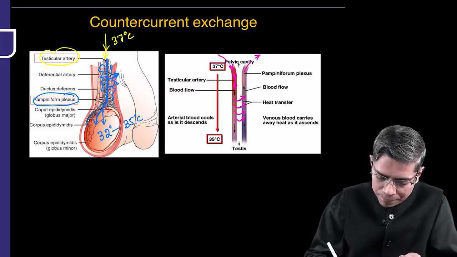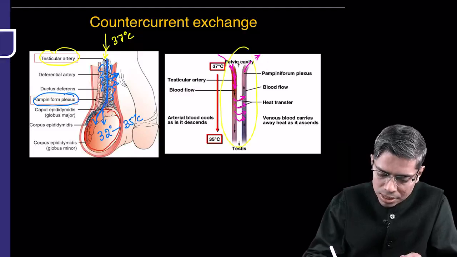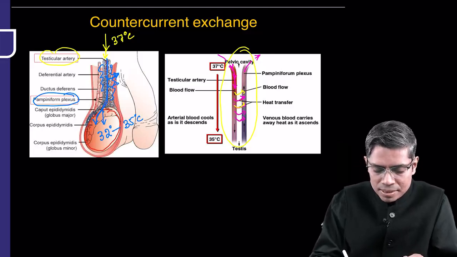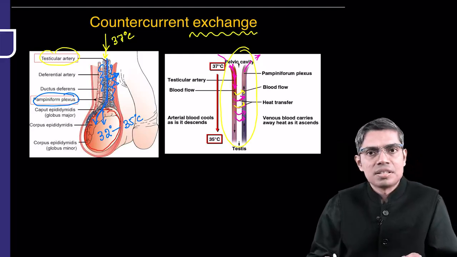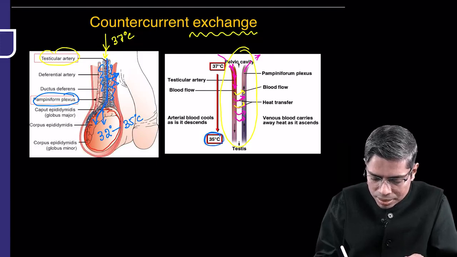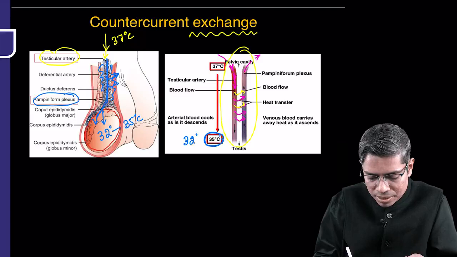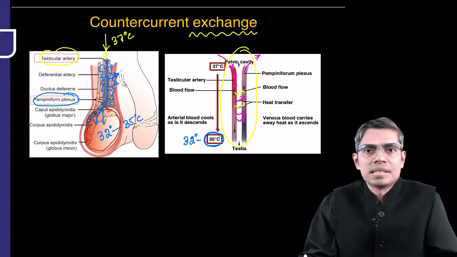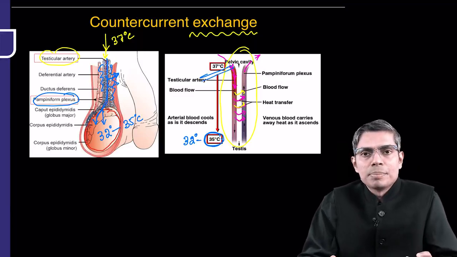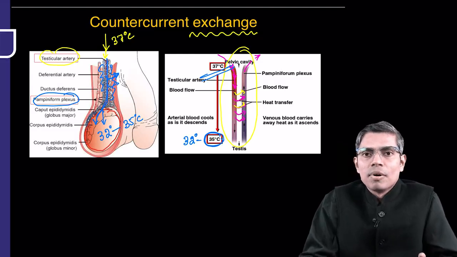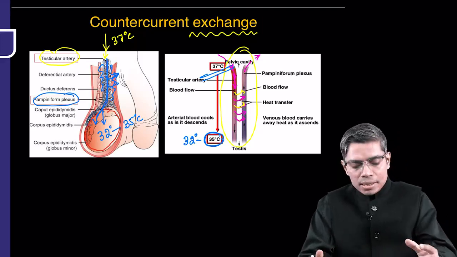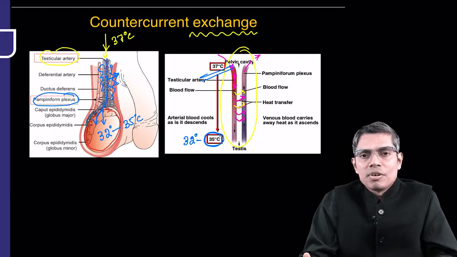That's why this whole system is known as the counter current system, and there is exchange of heat between these two systems. Because of this counter current exchange system, the temperature inside the testis remains 32 to 35 degrees centigrade, which is lower than the core body temperature, and this lower temperature is helpful for sperm production. So, you have to remember why this counter current system is important for sperm production, or spermatogenesis.